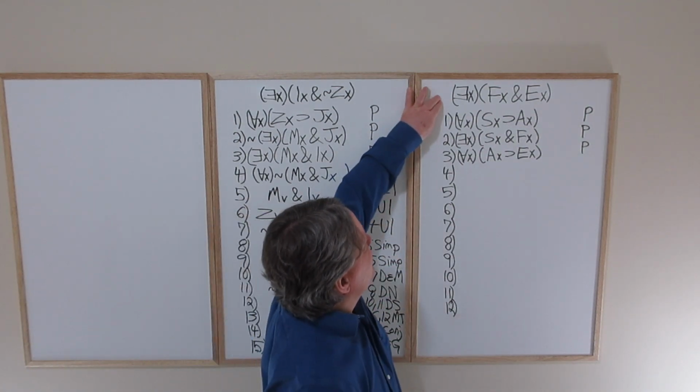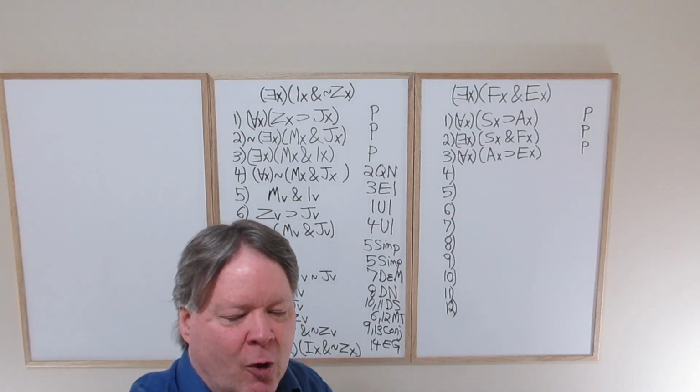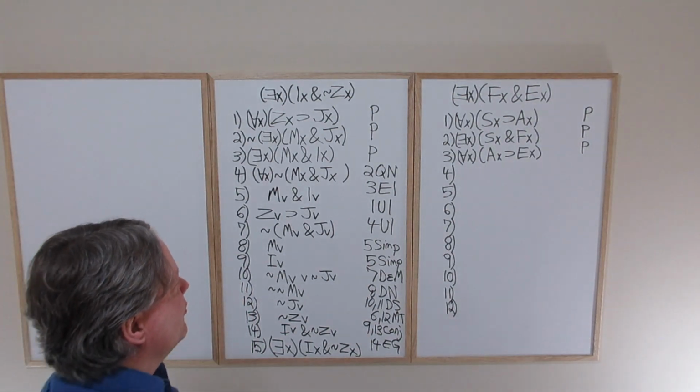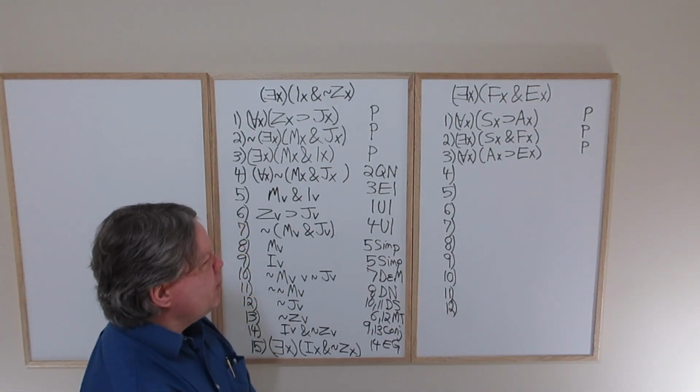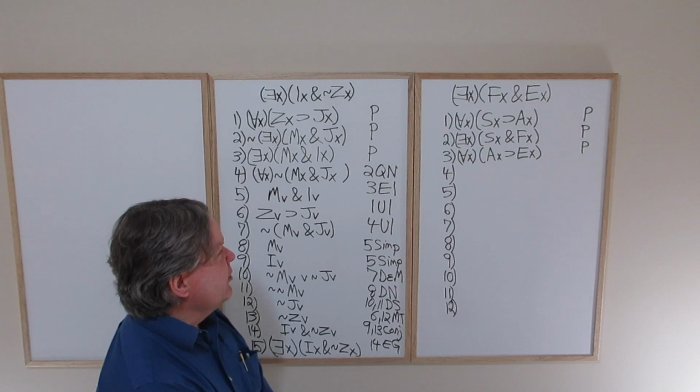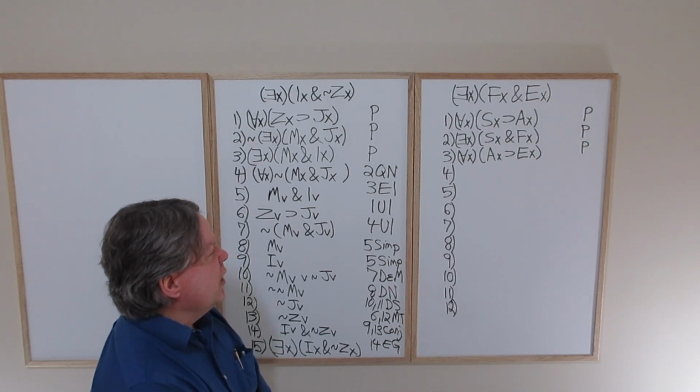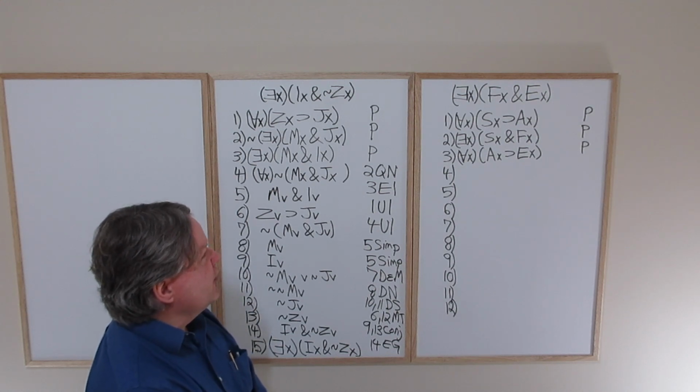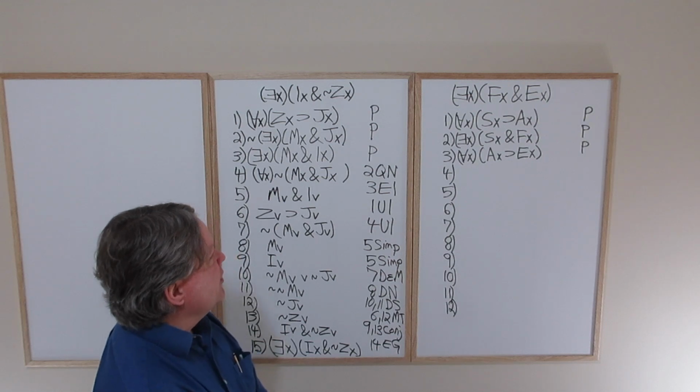Therefore, our conclusion, some feminists are envied persons. With this argument, our premises are 2 universally quantified sentences, 1 existentially quantified sentence, and we want an existentially quantified sentence for the conclusion.